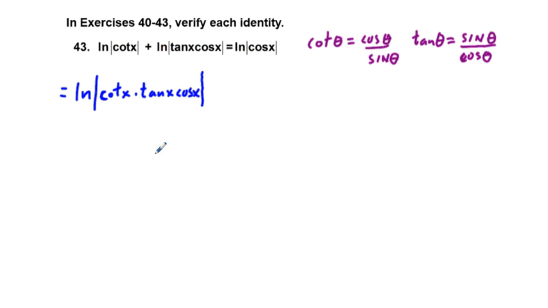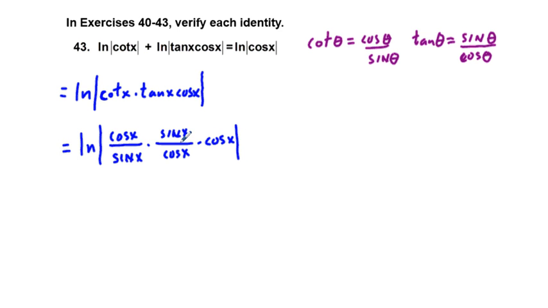Okay, so employing that simplification, we rewrite this as ln absolute value bracket of cosine x over sine x, and this is just replacing cotangent x, times sine x over cosine x, and that's simply replacing tangent x times cosine x.